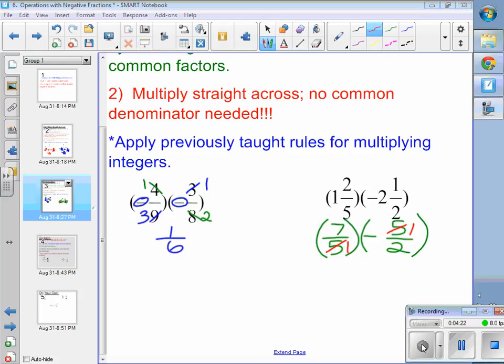So now I have 7 times 1, which is 7, and 1 times 2, which is 2, and I had a negative there. It is okay to leave this improper unless you're told otherwise, so you can leave it like this, or you can change it to negative 3 and 1/2.